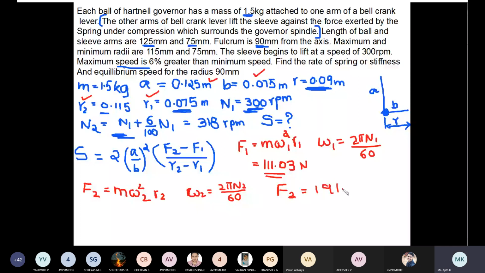Substitute the values of f1, f2, a, b and r1, r2 in the spring stiffness equation. You will get spring stiffness as the final answer.